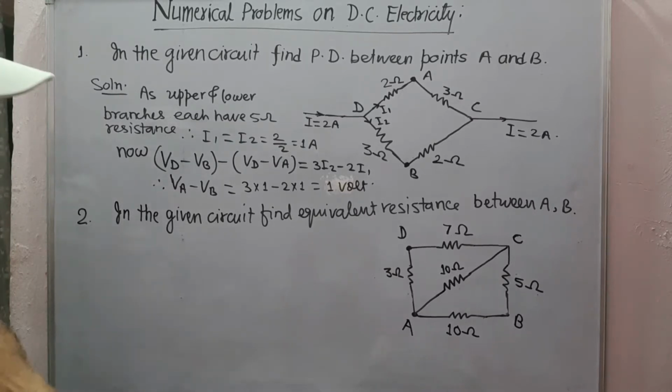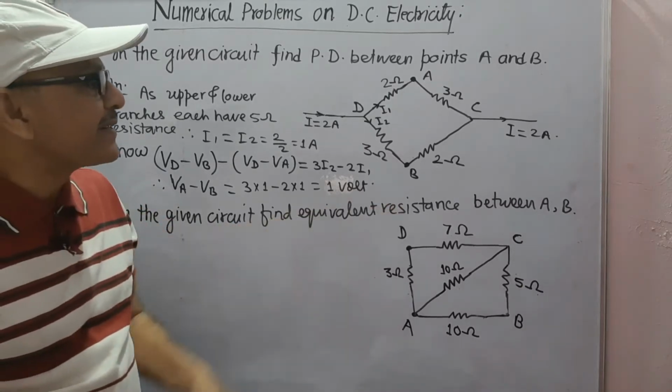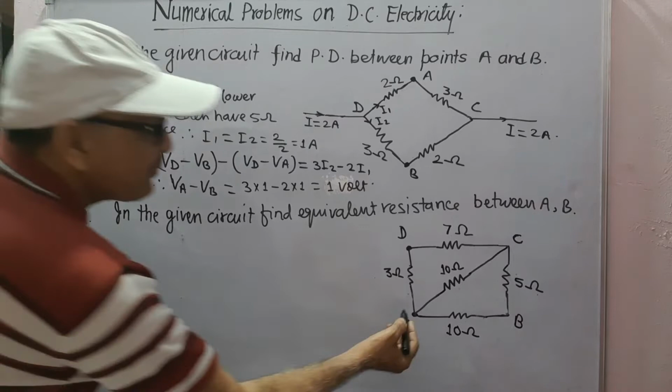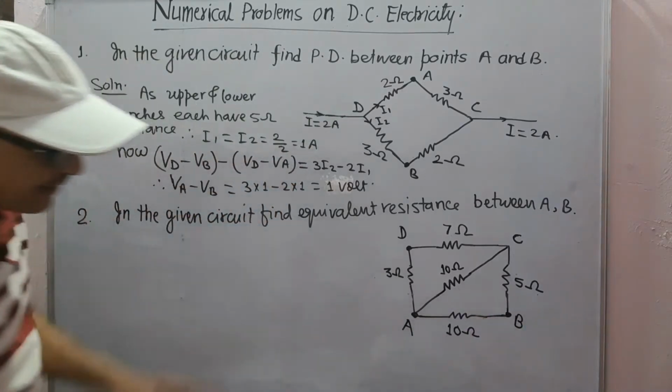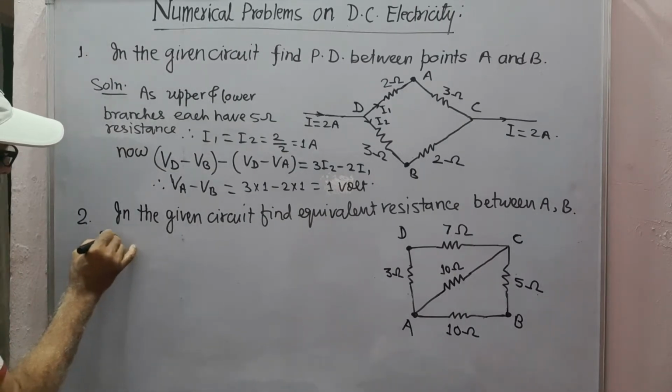Next, question 2. In the given circuit, find the equivalent resistance between points A and B. We have to find the resultant resistance between points A and B in this circuit. Now the solution.